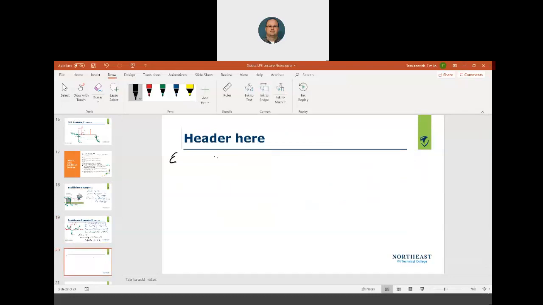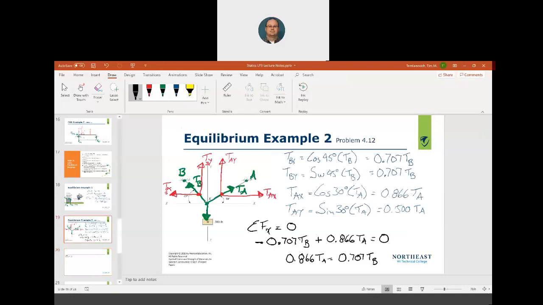The sum of the forces in the y direction has to equal 0. All right. So I have TBY, which is 0.707 TB, plus TAY, which is 0.500 TA, minus W, which will have to equal 0.